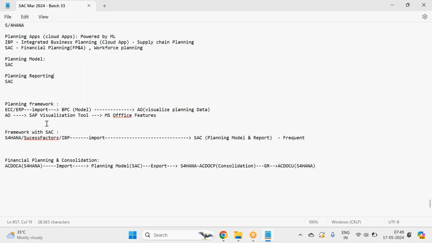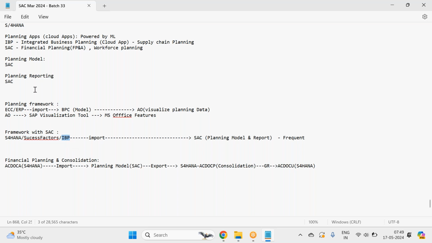So here you see how the planning frameworks change. Generally, from ERP systems, we import the data into BPC for planning, modeling, and the reporting and visualization of planning data happens through AO, the SAP visualization tool with Microsoft Office features. But now, from different systems like S4HANA or SuccessFactors, to get the HR data, we connect with SuccessFactors, right?